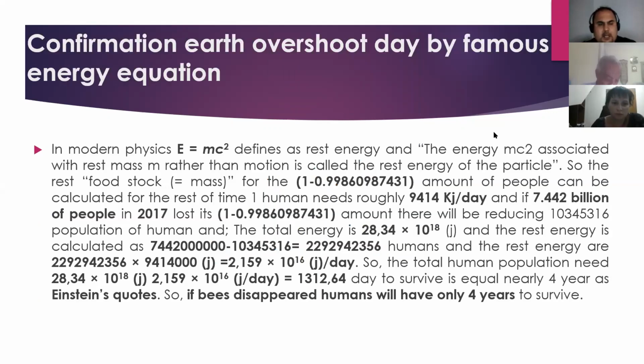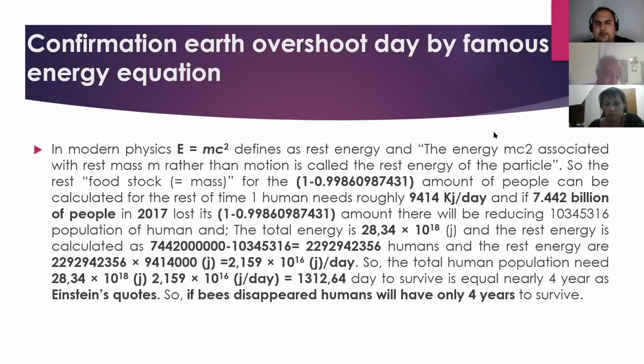After that, I used the famous equation of Einstein. This is the rest of the energy, how much energy is converted, how much carbohydrate we have, and how much energy is used for one human.